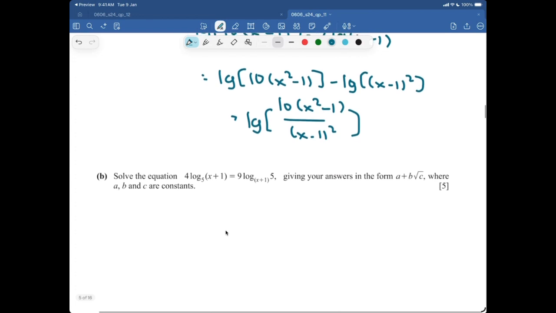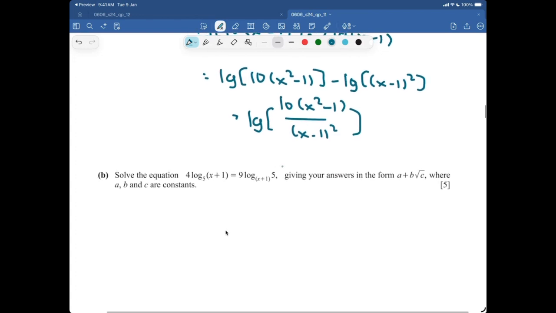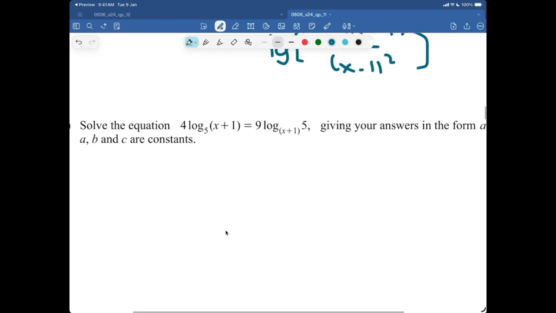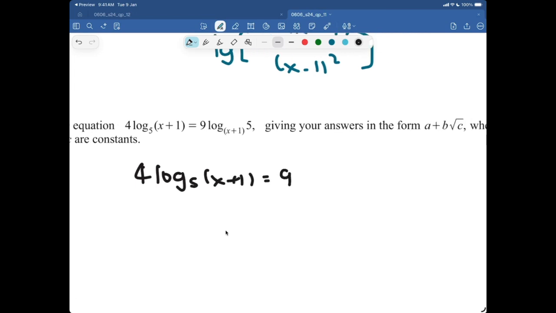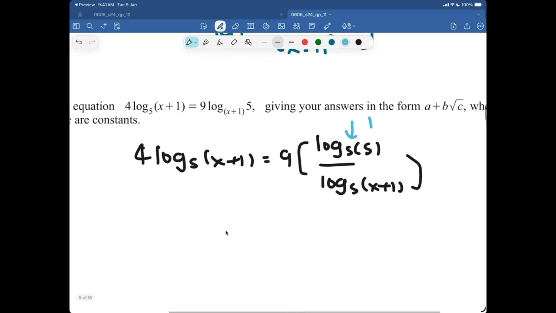So solving this equation obviously requires some change of base. So if we choose a base of 5, we could write 4 log base 5 of (x plus 1) equals 9 times log base 5 of 5 over log base 5 of (x plus 1). So log base 5 of 5 is 1.